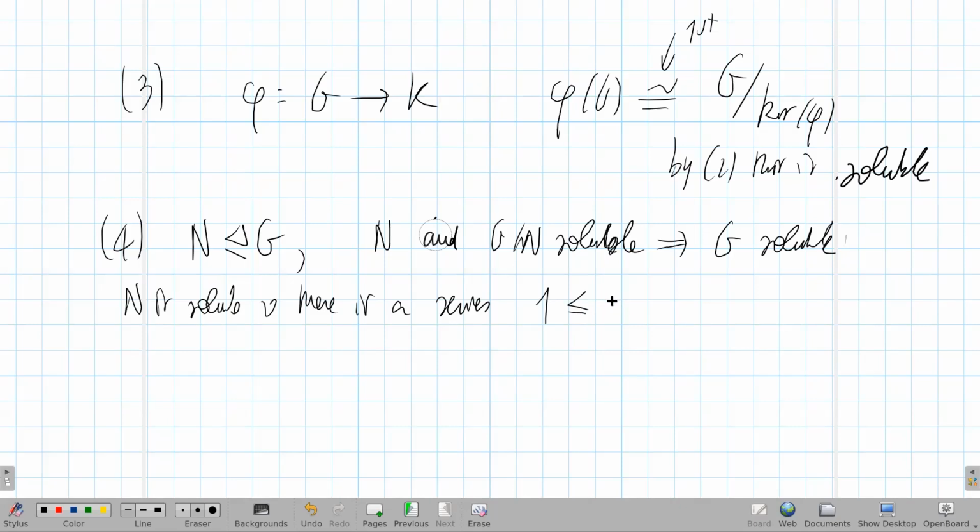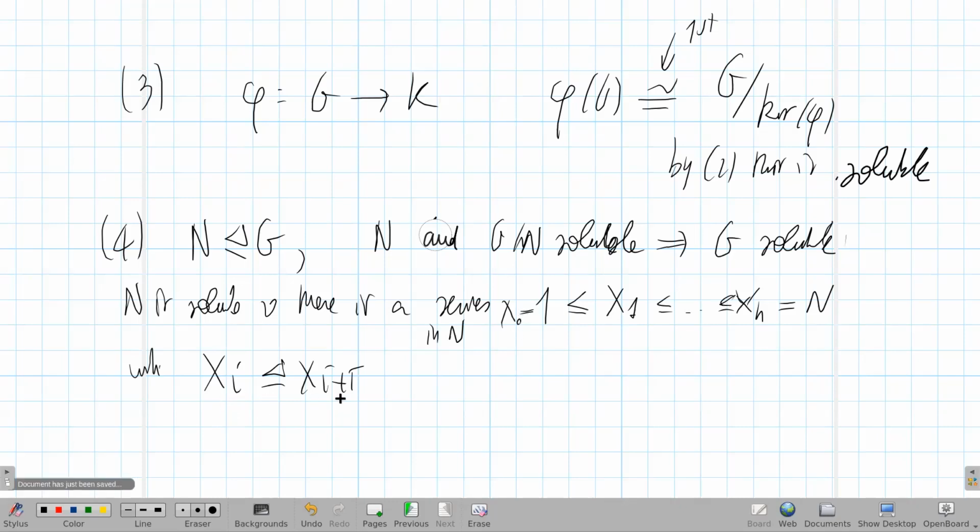I'm going to use X. So this is X_0, say, then X_1 until X_h, which is N, a series in N, with X_i normal in X_{i+1}. I have started numbering from the smaller one, so this time it is the lower index that is normal in the higher index, but it's obvious if you look at this, and the quotient X_{i+1} over X_i is abelian.